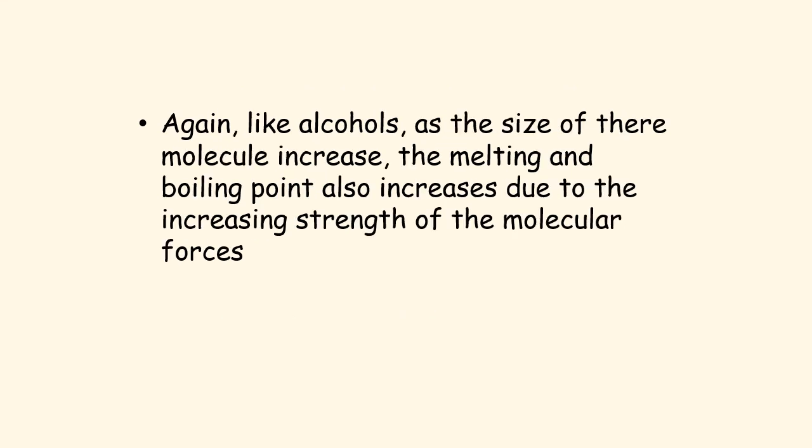Similarly, like alcohols, as the size of the molecule increases, the melting and boiling points also increase. And again, this is due to the strength of the intermolecular forces, something which you will learn about in higher chemistry. So all you need to know is the trend. As the number of carbons increases, the melting and boiling point increases. You don't need to know why.